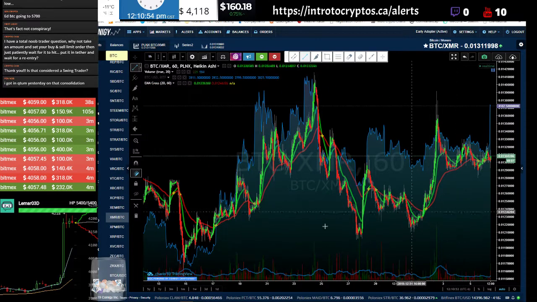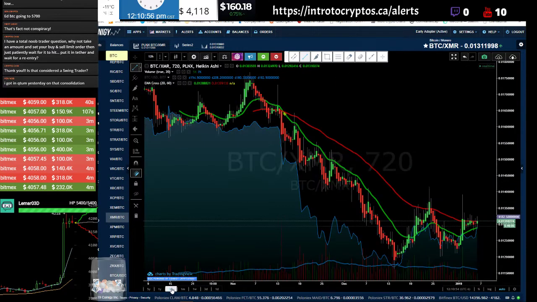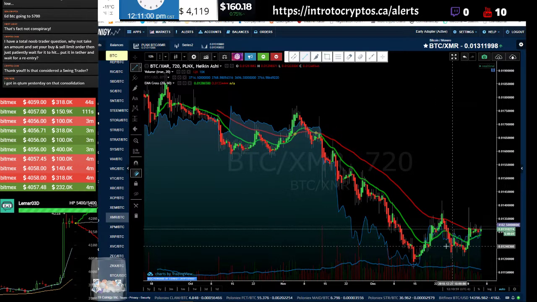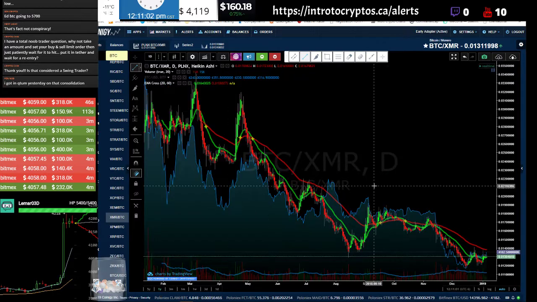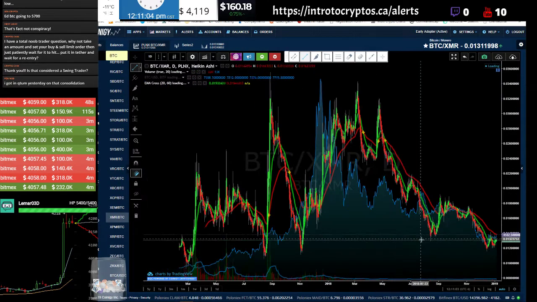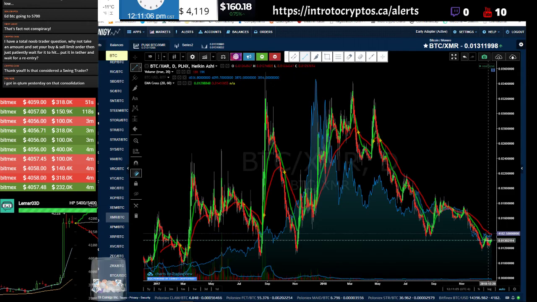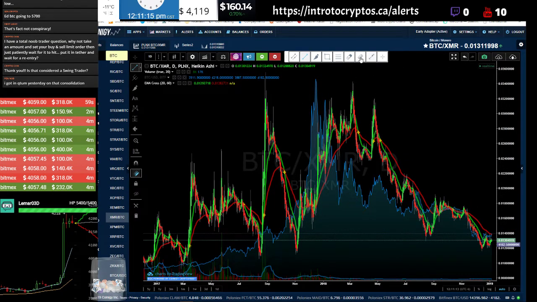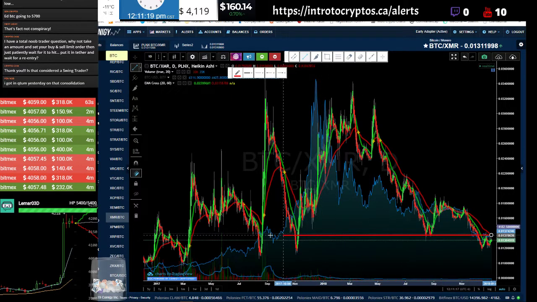How about, all right, here's a 1, 2, 3 bottom formation. I was expecting this market to go down sharply from here. And it is a 1, 2, 3 bottom formation, but at the same time it's below these historical levels. So it's also a continuation into the downside formation, because it's in between these levels.